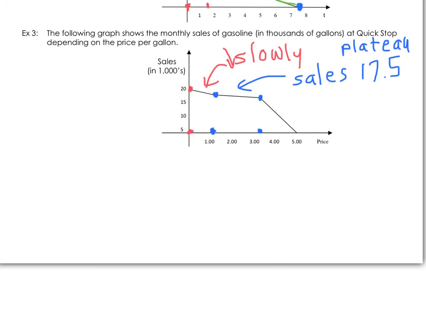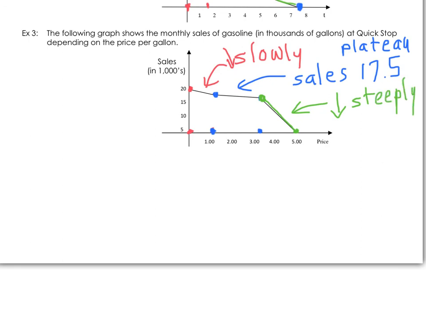What happens at $3? Might even be like $3.25, but we're just guesstimating here. So once you hit $3 or $3.25 or whatever it is, up until $5, the sales decline steeply.